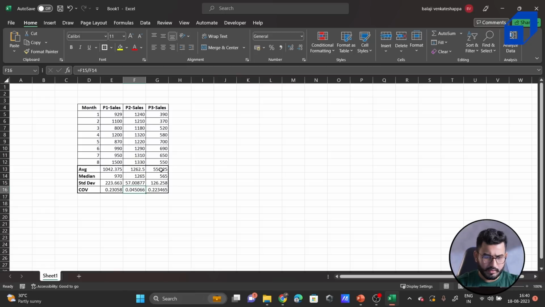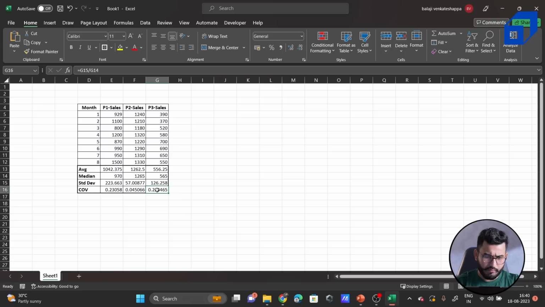For product number 3, a similar behavior can be seen, but on the lower side. The average is 556, which basically means that when compared with product number 1 and 2, the sales of product number 3 is on the lowest side.